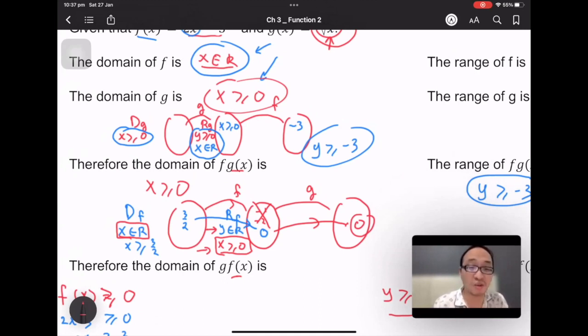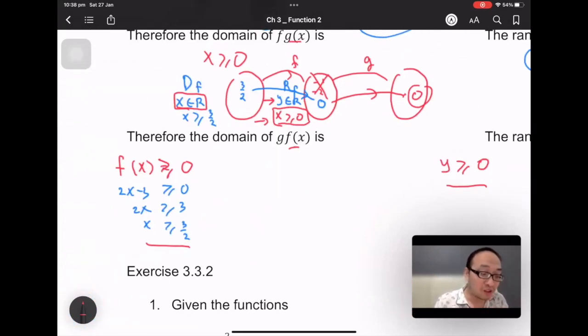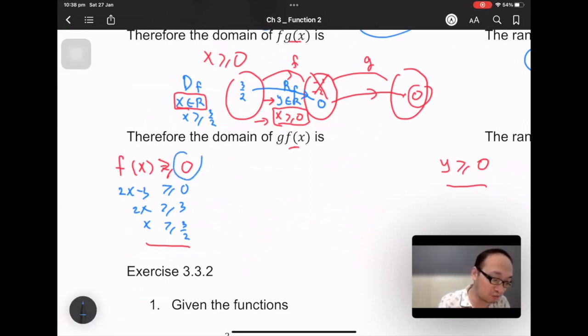So we cannot include the negative numbers from f; we have to reject them. That's why, to find the domain of f, we have to set the range of f to be the domain of g.